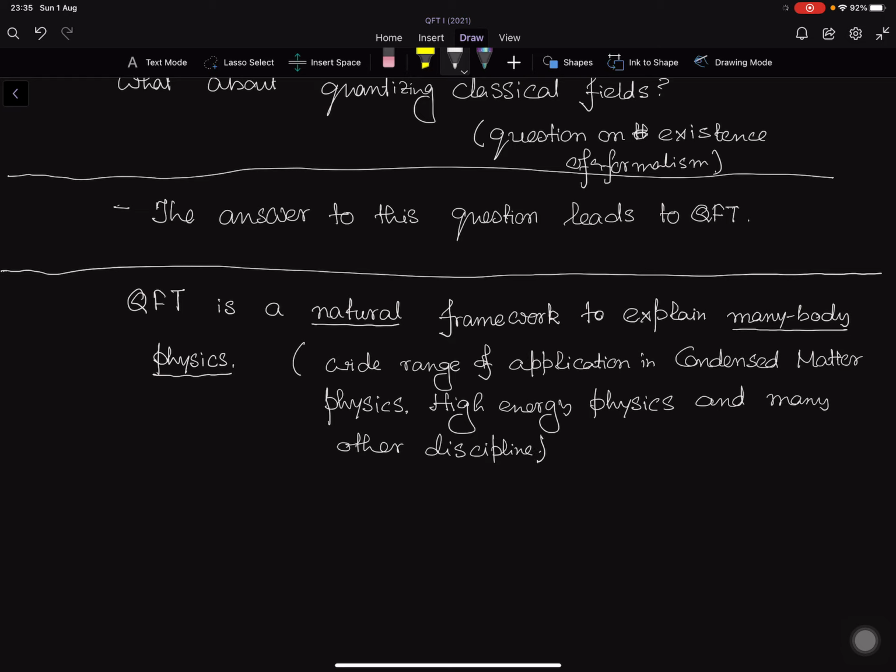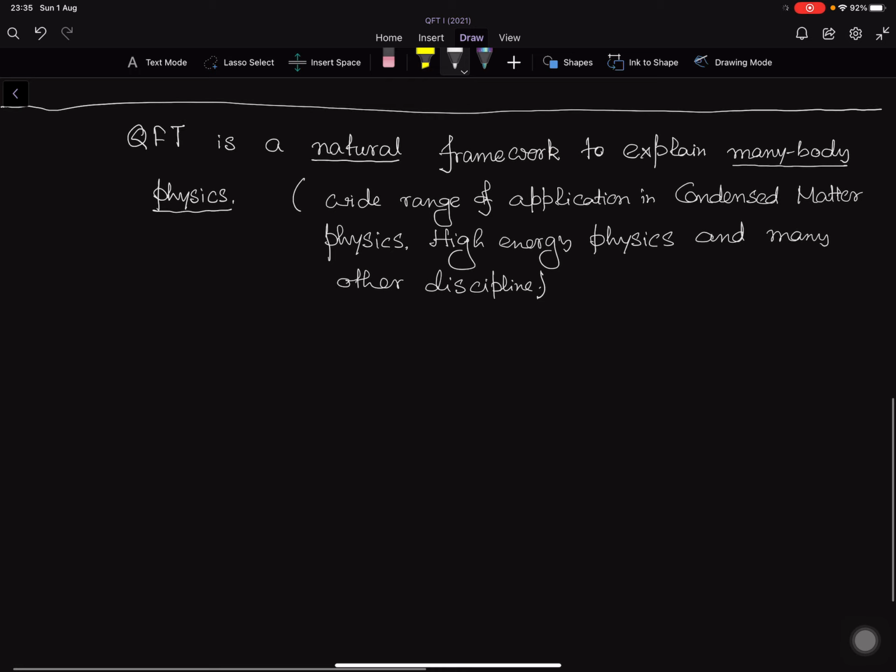So let's try to understand this point. In order to understand this point, we start from the phrase many body physics.